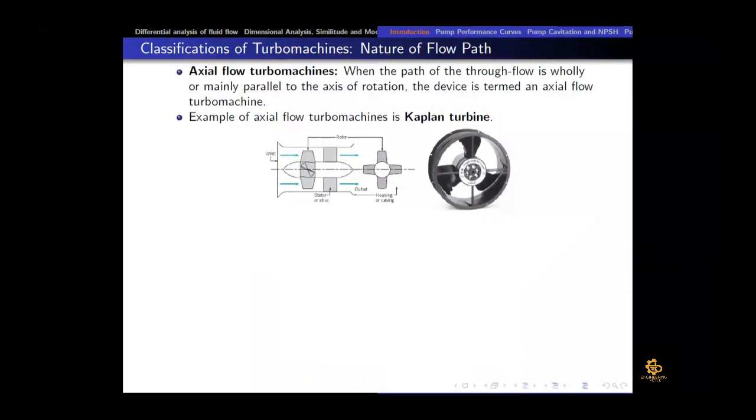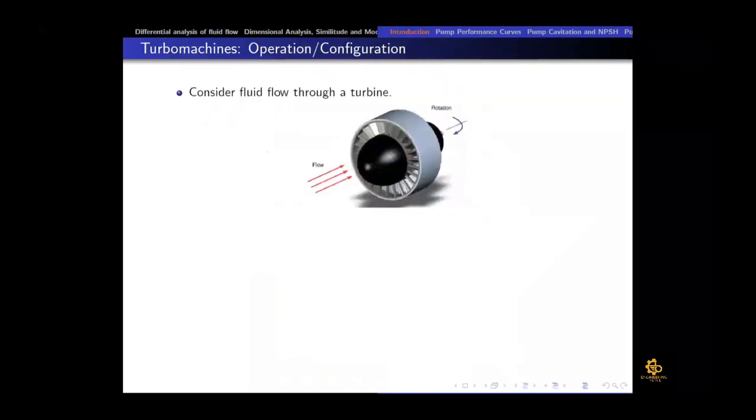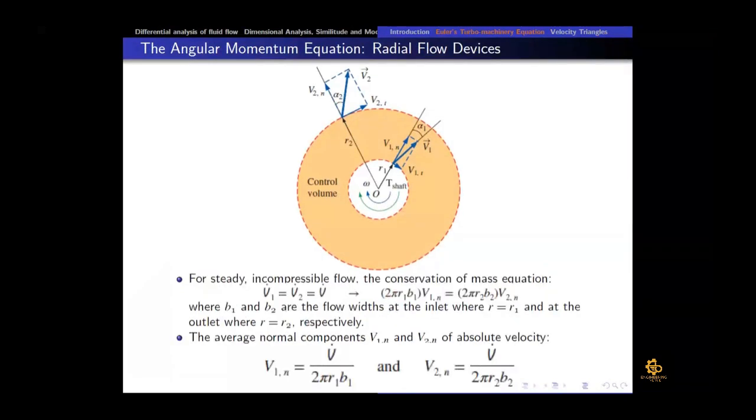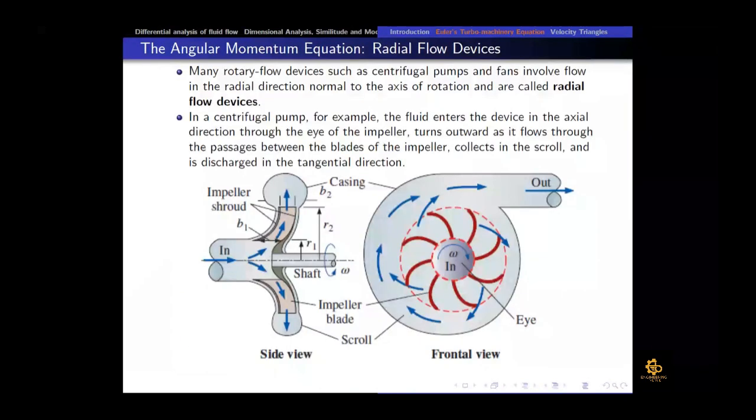Let me show you the example in a better way, maybe here. We discussed that somewhere here. Yes, you should see here that this is the impeller eye. So here the fluid is coming in the axial direction out of the screen, and then when it comes out, there are the impeller blades.